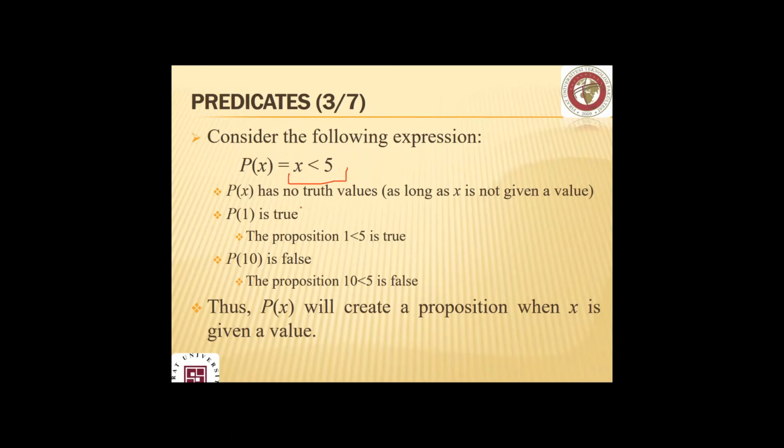Now, x less than 5 may be true, may be false. It depends on the value of x. So in order for us to know if this is true, we need to know the value of x. Now let's say P(1): 1 less than 5, that's true. P(6): 6 less than 5, that's false.